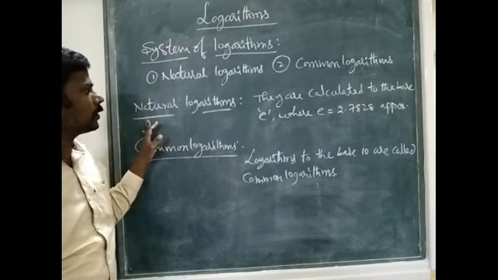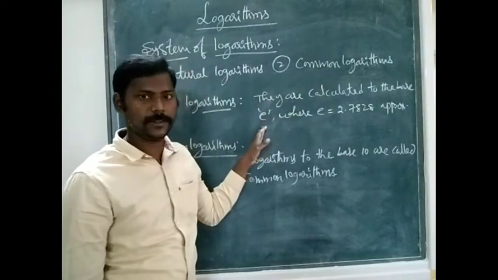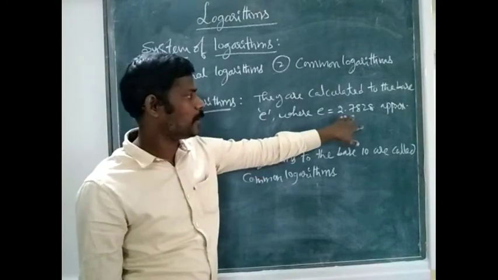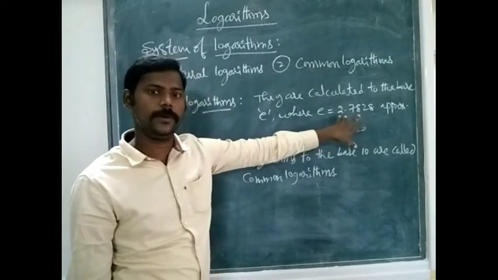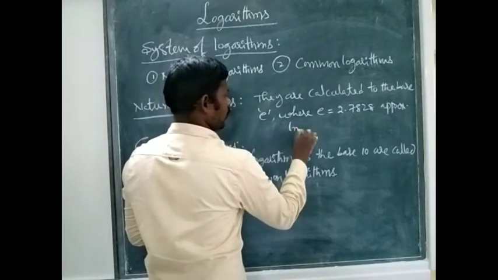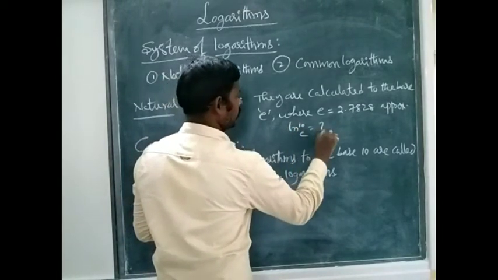What are the natural logarithms? They are calculated with a base e, where e is equal to 2.78 as its approximate value, the exponential value. So simply remember log base e. For example, here 10 is given, some value is there.